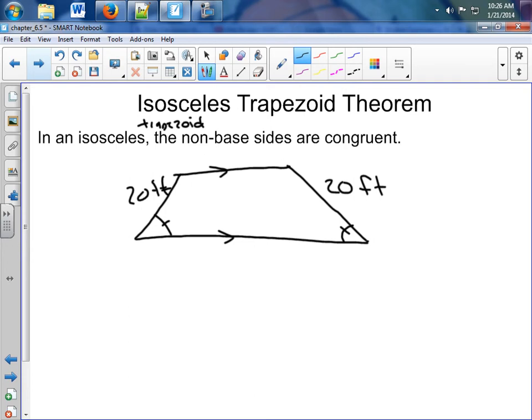This is not the height of the trapezoid, though. Be careful. That would be the height of a trapezoid. You're not going to need that until next chapter, but I'm starting to get you used to it right now, because we're going to start finding surface area, volume and all this stuff.